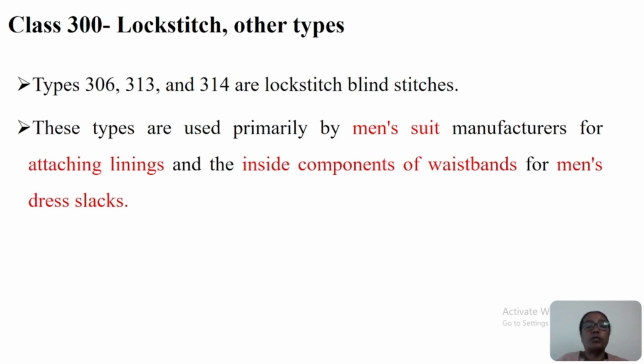These types are used primarily by men's suit manufacturers for attaching lining and the inside component of waistbands for men's dress slacks. Types 306, 313, and 314 are a lock blind stitch, so most of the time they are used primarily for men's suits.